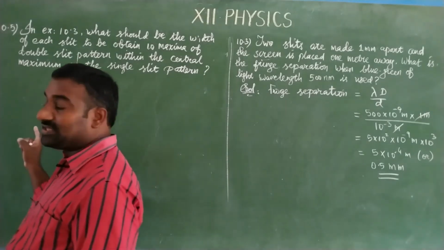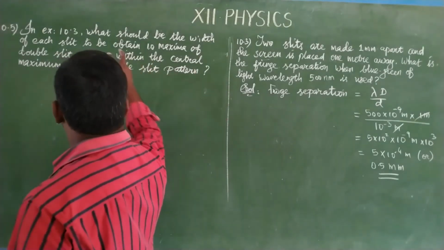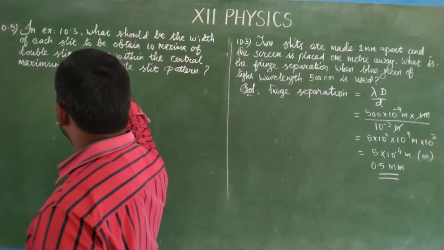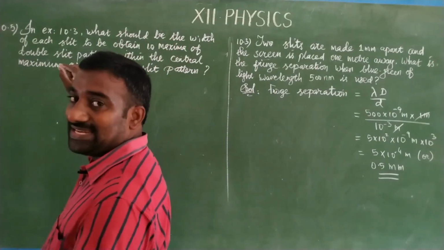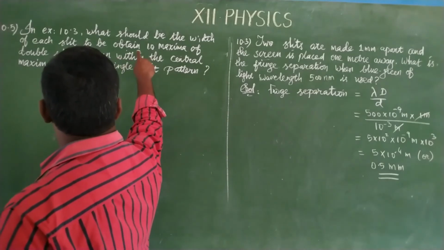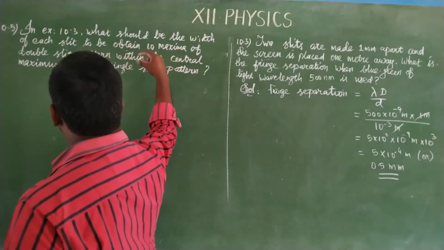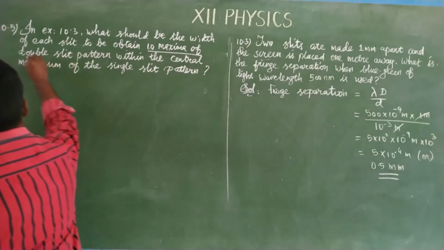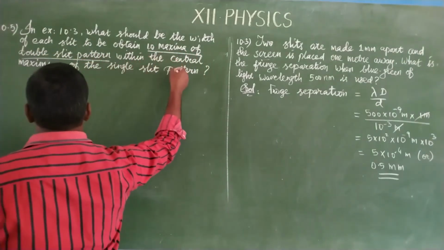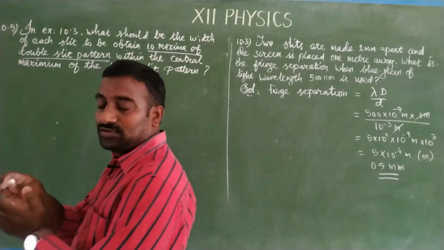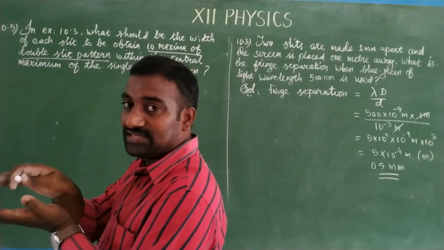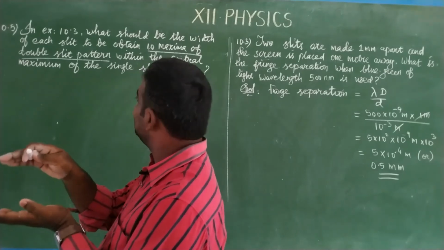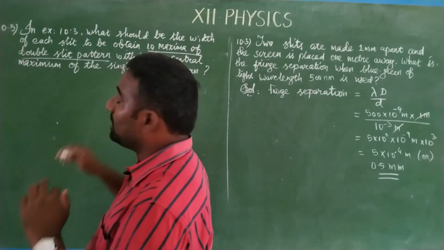Listen to this question: in the previous question, what should be the width of each slit, that is a, such that 10 maxima of the double slit pattern are obtained within the central maximum of the single slit? This is the important keyword.